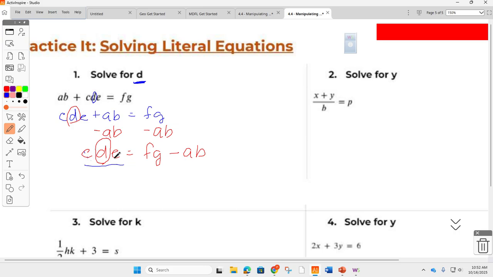So I can divide by ce, all in one step. c divided by c simplifies to 1, e divided by e simplifies to 1. Then d equals fg minus ab all over ce. If you can solve an equation, you should be able to rearrange these literal equations, solve for a different letter.